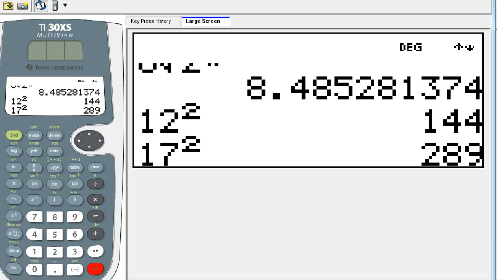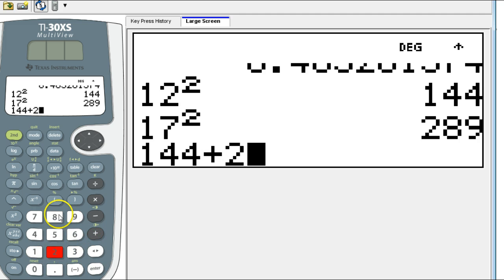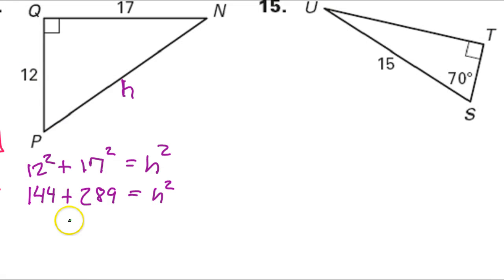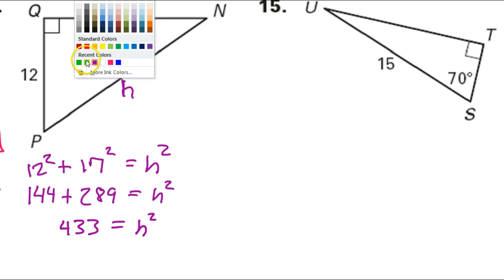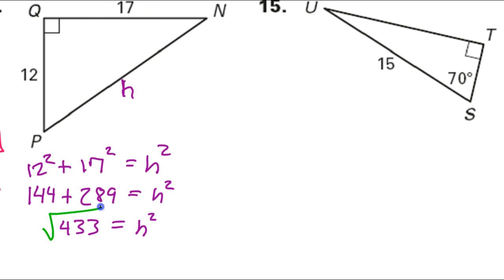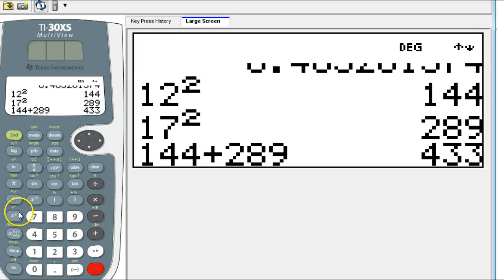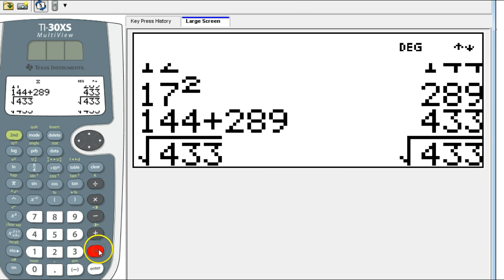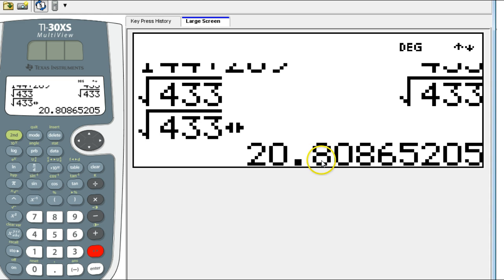Let me bring this back over here. If I add those together, 144 plus 289, that's 433. So I have 433 is equal to h squared. So if I want to find h, I will take the square root of both sides. So h equals the square root of 433, toggle it, 20.8.